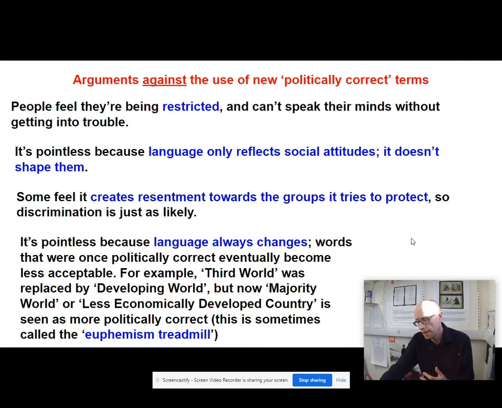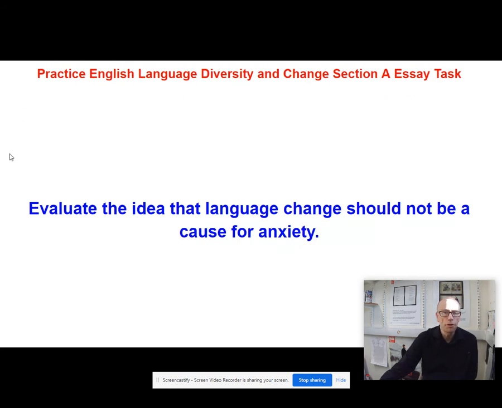Okay, so it's a very interesting area of language to look at in terms of language change. And as I said at the beginning, it's never very far away from the news. You now should be equipped to be able to put together a good essay answer that would, for this particular question, evaluate the idea that language change should not be a cause for anxiety.